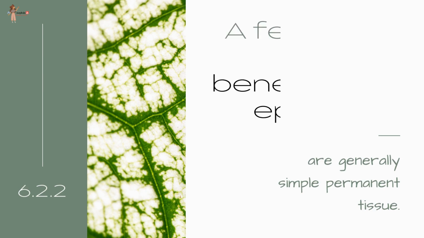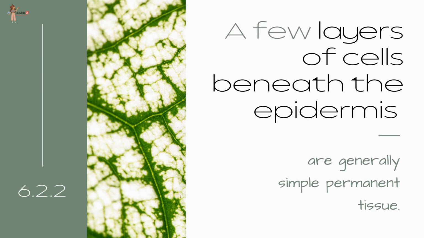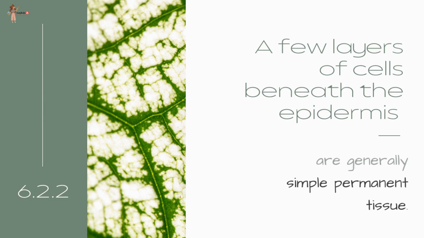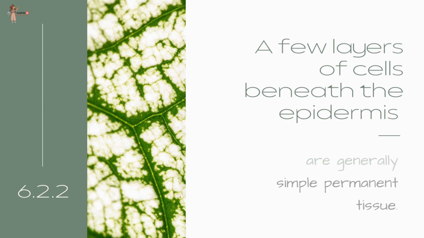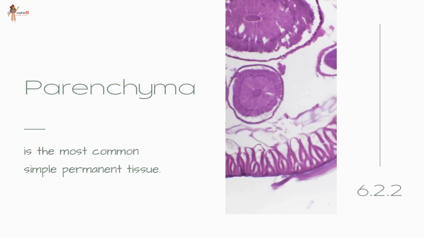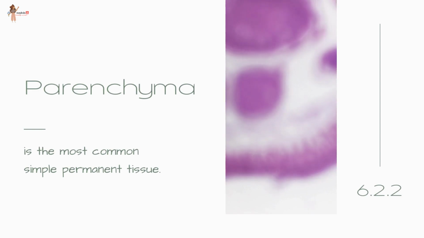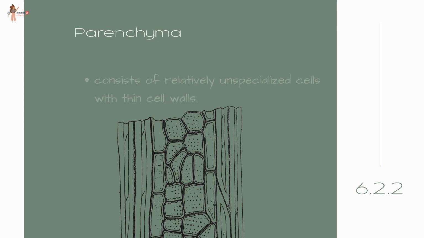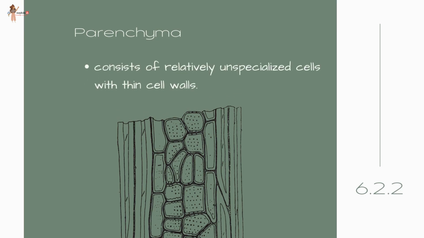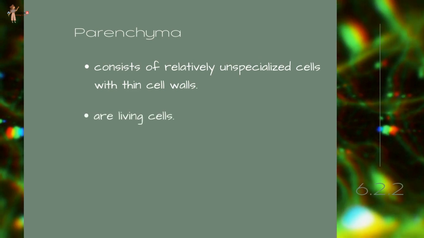Let's see the simple permanent tissue. A few layers of cells beneath the epidermis are generally simple permanent tissue. Parenchyma is the most common simple permanent tissue. It consists of relatively unspecialized cells with thin cell walls.